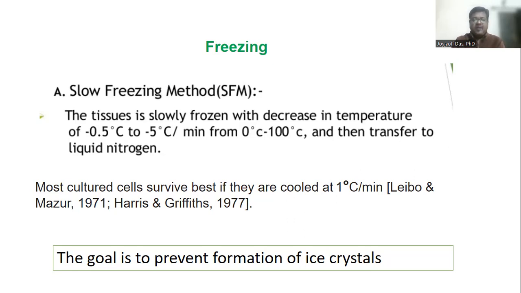Which is why, after adding the freezing media to your cells of interest, you should put the stock at 0 degrees Celsius, and then after maybe 15 minutes or half an hour, you could take it to the minus 20 degrees Celsius freezer and keep the cells there overnight.